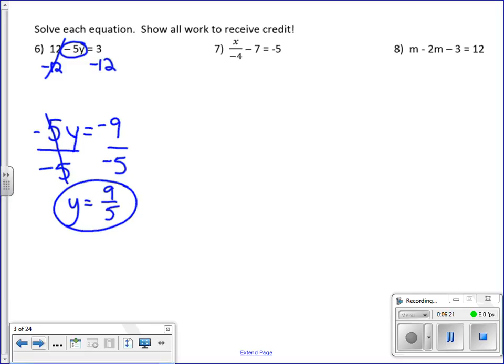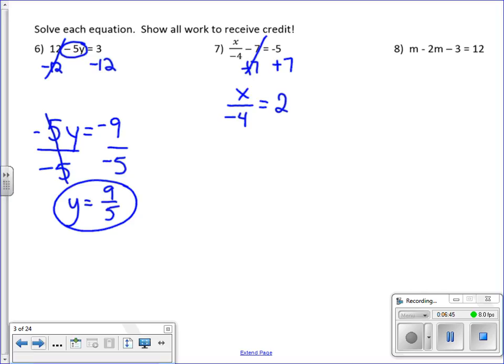Number 7, I need to get rid of the number that's alone first, and that's on the side with the variable. So negative 7 is what I need to get rid of, which means I'm going to add 7 to both sides of my equation. This cancels out, and I get x over negative 4 is equal to 2, because negative 5 plus 7 is 2.